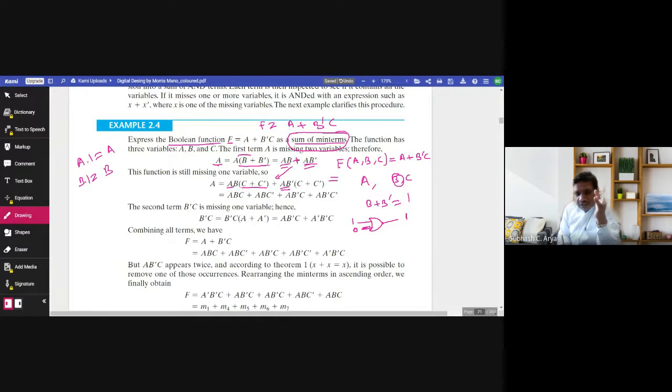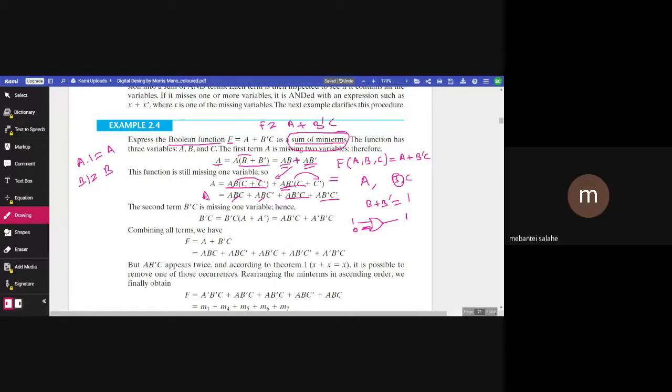So you will get here abc, then abc bar, this one, and here also similarly ab bar c, and this one ab bar c bar. Got it? So now you see a consists of these four min terms. So a is now abc plus abc bar plus ab bar c plus ab bar c bar. Sound sensible?